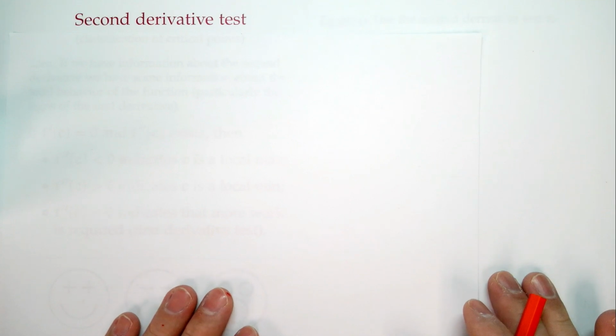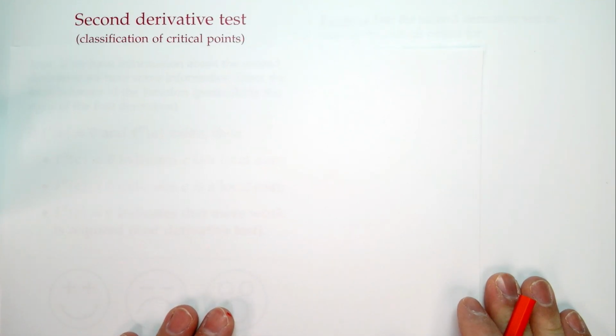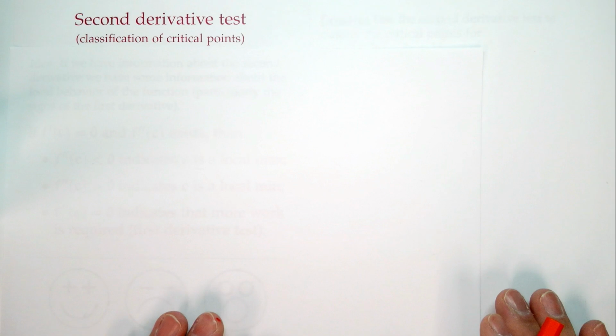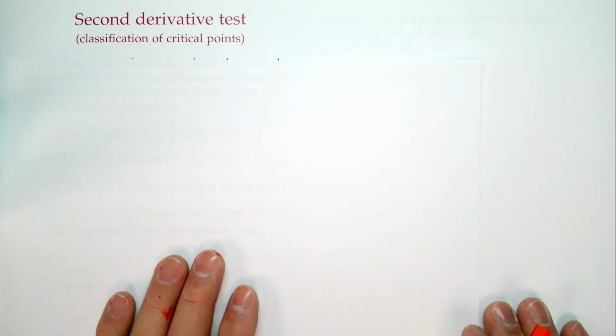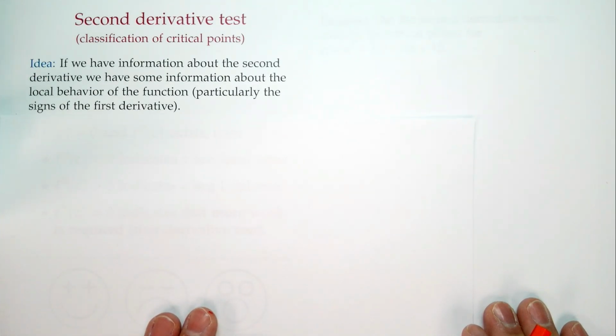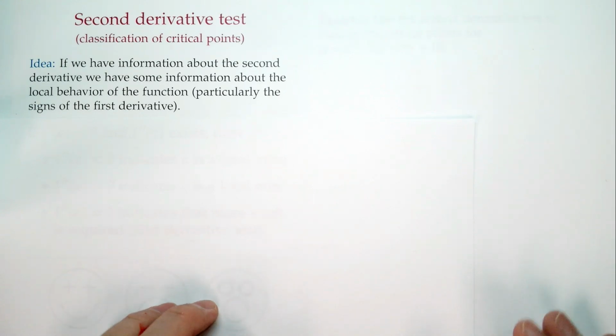And again, this is saying, let's classify our critical points. Now, what's going to happen here? Well, our goal is we're going to say, hey, the second derivative gives us information about the local behavior of the function. And it's telling us about how the first derivative is behaving. And so we can use that information to figure out what's going on.